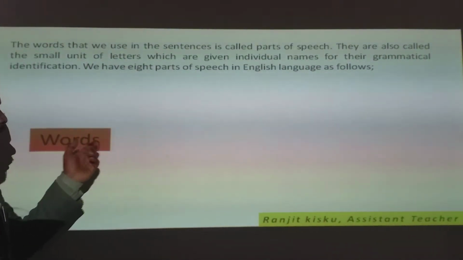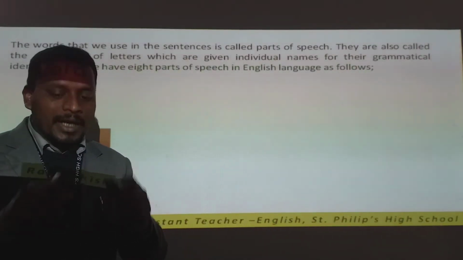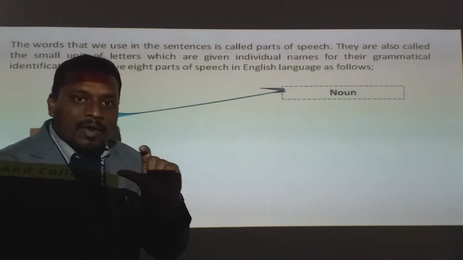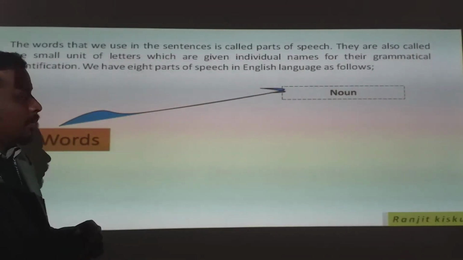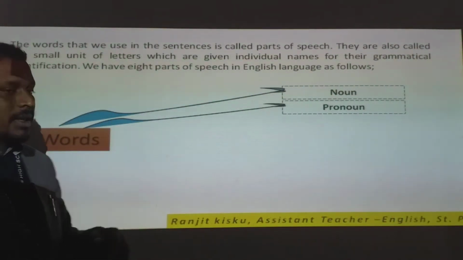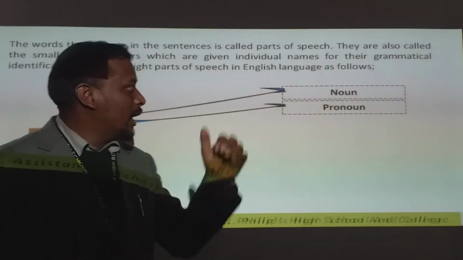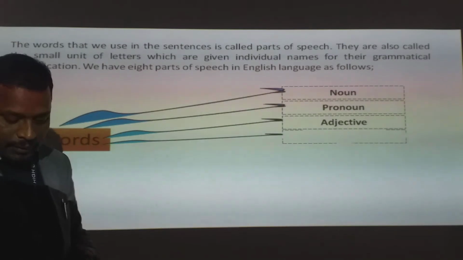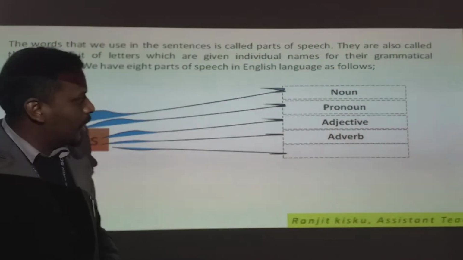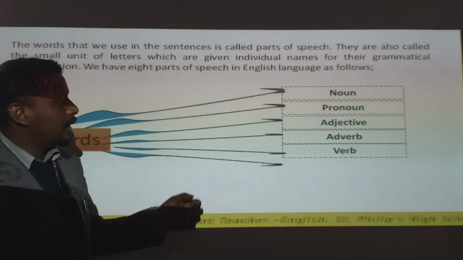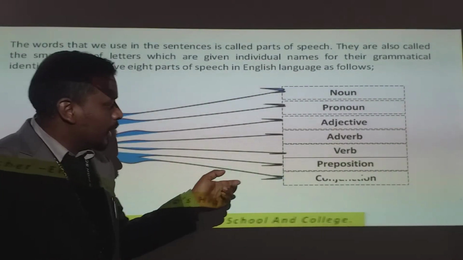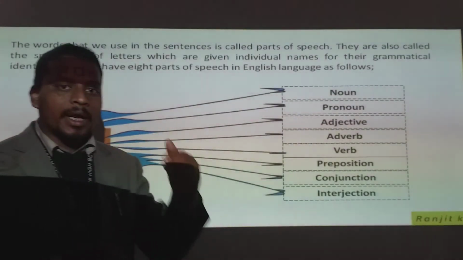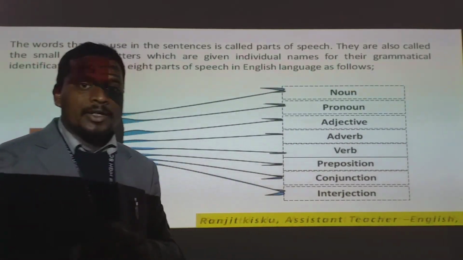As you can see, words have different names. Words are divided into 8 classifications. The first one is noun, then pronoun, adjective, adverb, verb, preposition, then conjunction, and finally we have interjection.